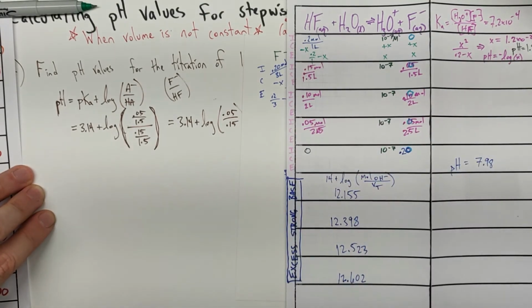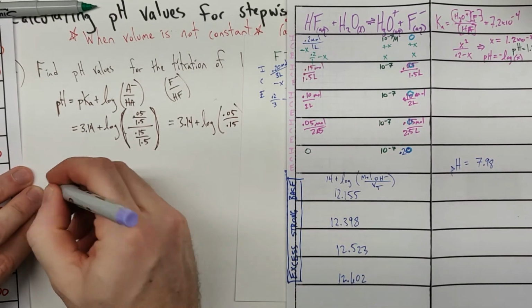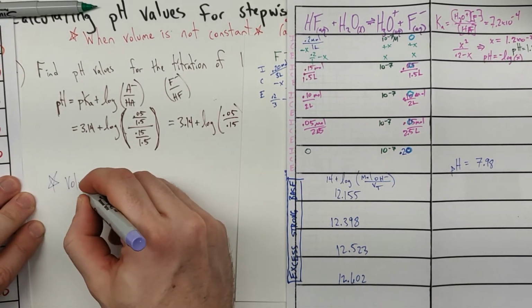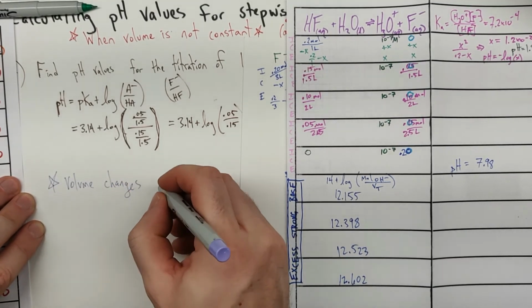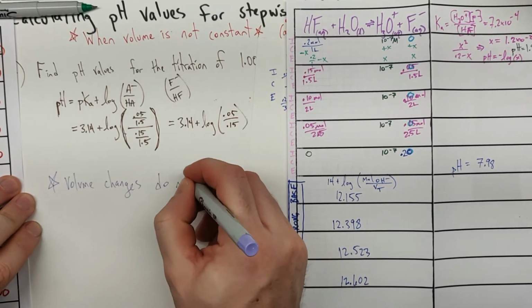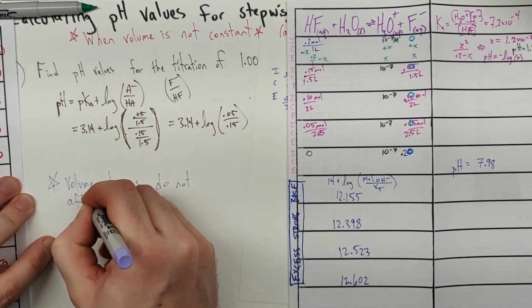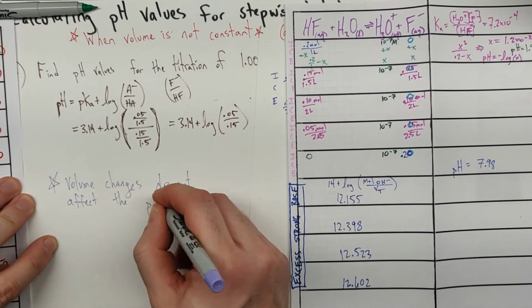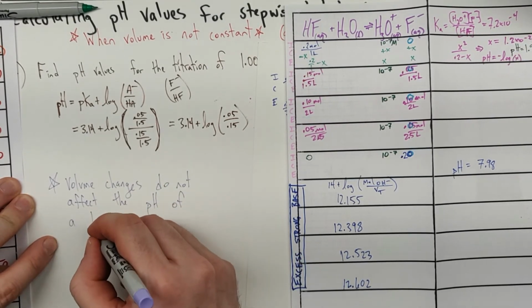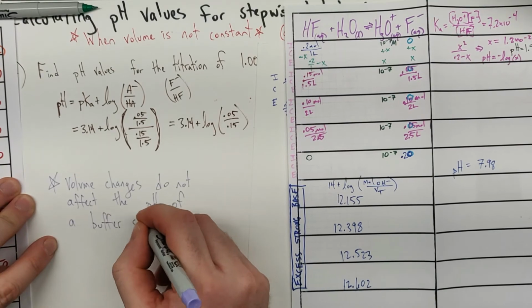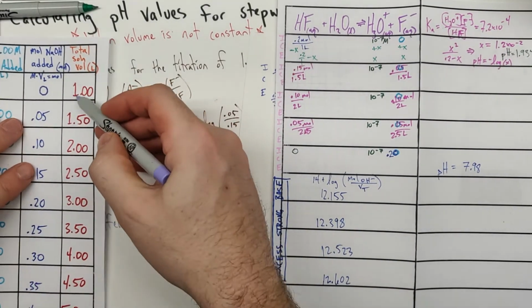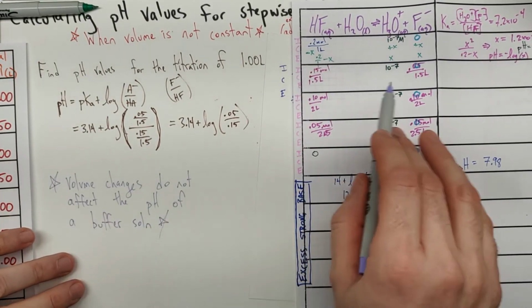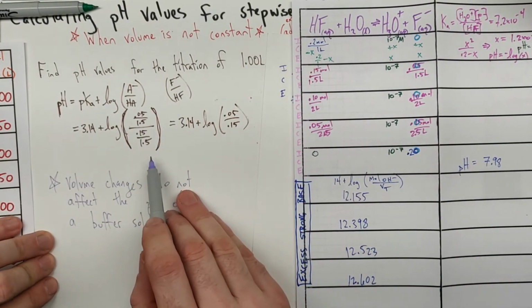In fact, if you could internalize some very, very important words: volume changes do not affect the pH of a buffer solution. And that, my friends, is very, very important. So we had these volumes changing and changing and changing, but for the buffer region, those volumes cancel out when we calculate that ratio.